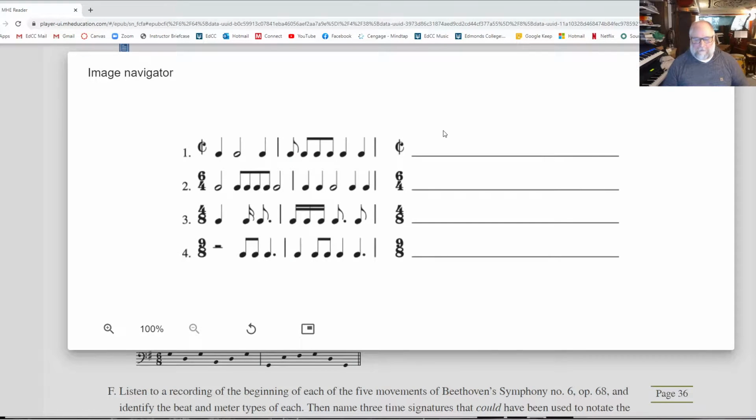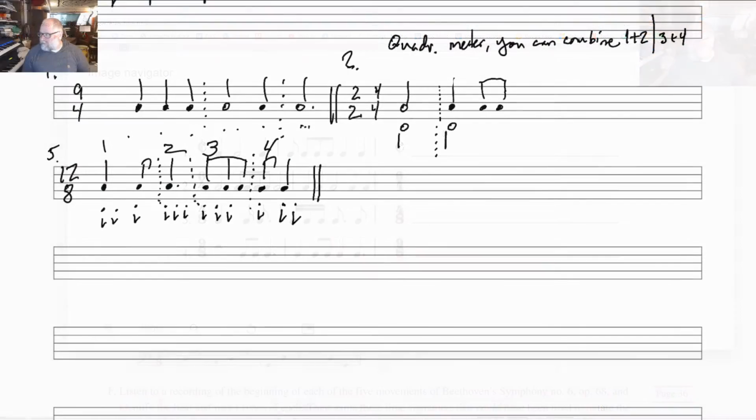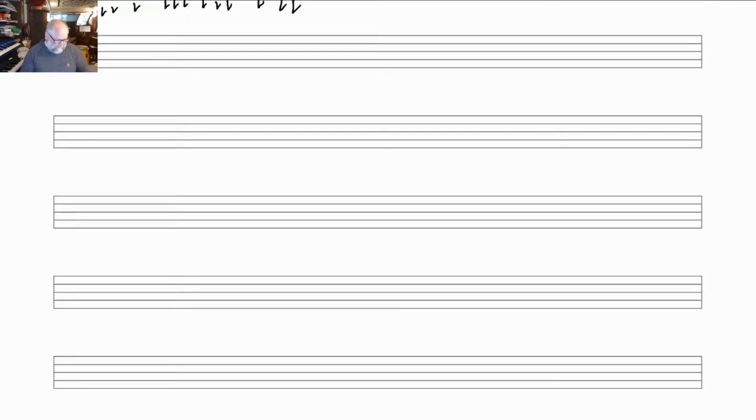Okay, so we're going to go over to my handy dandy notepad here, and let's write number 1. So number 1, they tell us this is in cut time. Cut time, if we haven't talked about that, or if you didn't read the chapter, read the chapter. Cut time is the same as 2-2. 2-2 and cut time mean exactly the same thing.